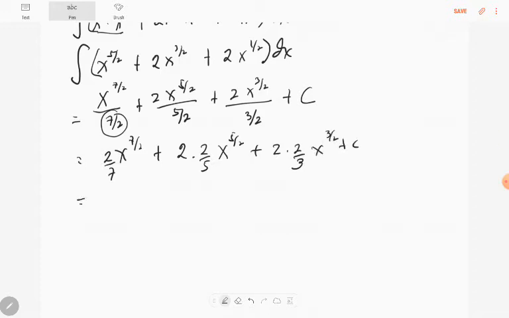So this simplifies to 2/7 x raised to 7/2 plus 4/5 x raised to 5/2 plus 2/3 x raised to 3/2 plus c.